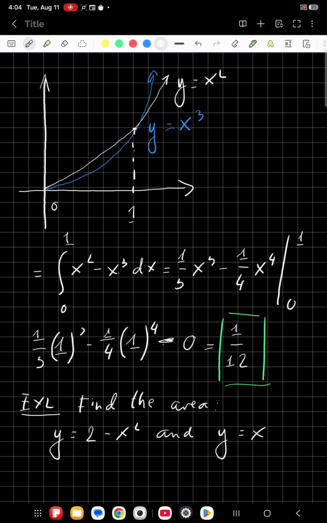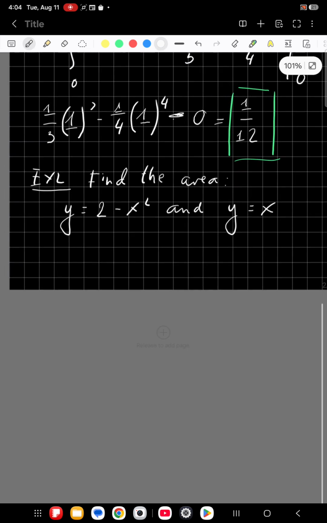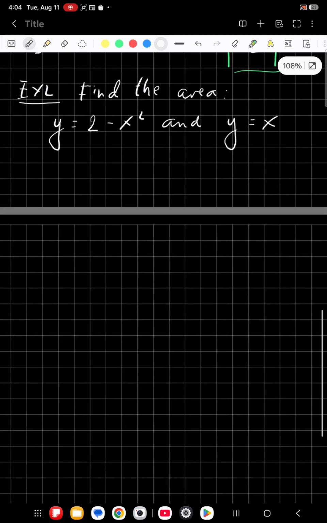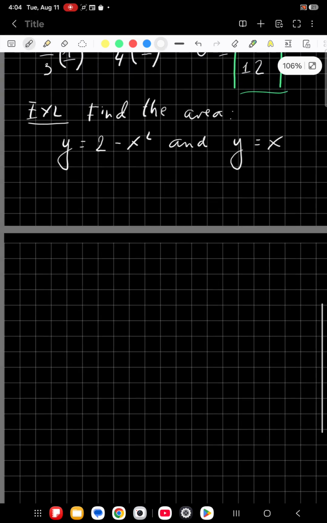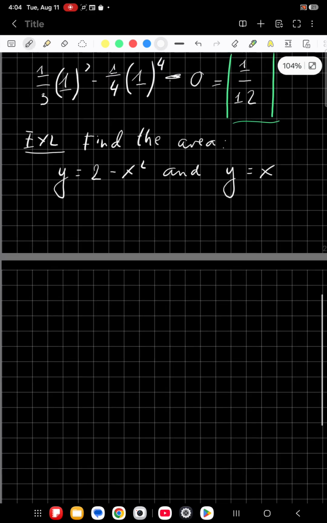Okay, so the first thing we need to do is find the intersection points. The idea is that when you find those intersection points, the y value and the x value of those two points for both curves will be the same.